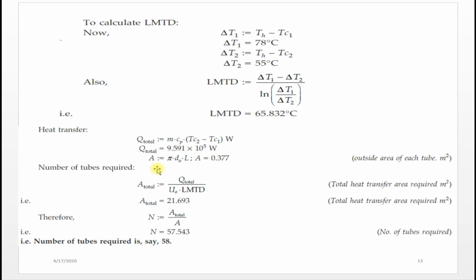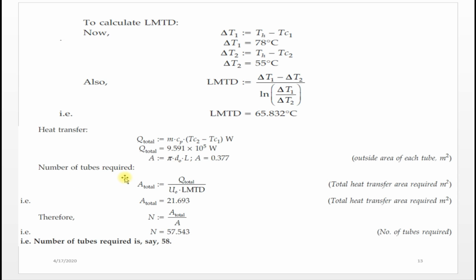Now we will find A, the outside area of each tube. Each tube means an individual tube having a length and an outer diameter. First you find the individual tube area, that is A, 0.377. Just substitute pi, d naught and L. Now we have to calculate the number of tubes.